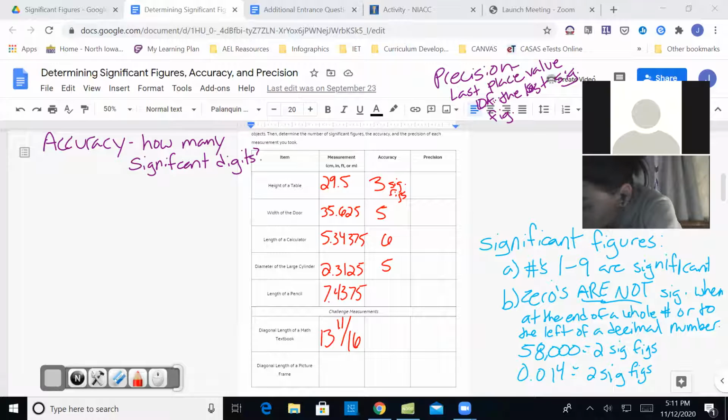Length of a pencil, 0.4375. It's also 5 significant figures.